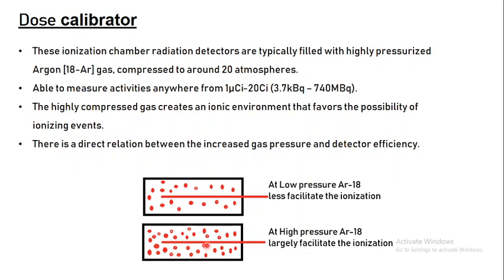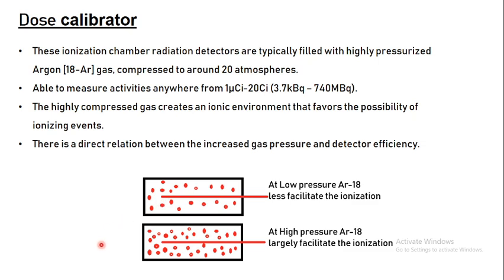If we compare argon at high pressure and at low pressure, any incident radiation passing through a low-pressure tube will ionize only one, two, three or four molecules.